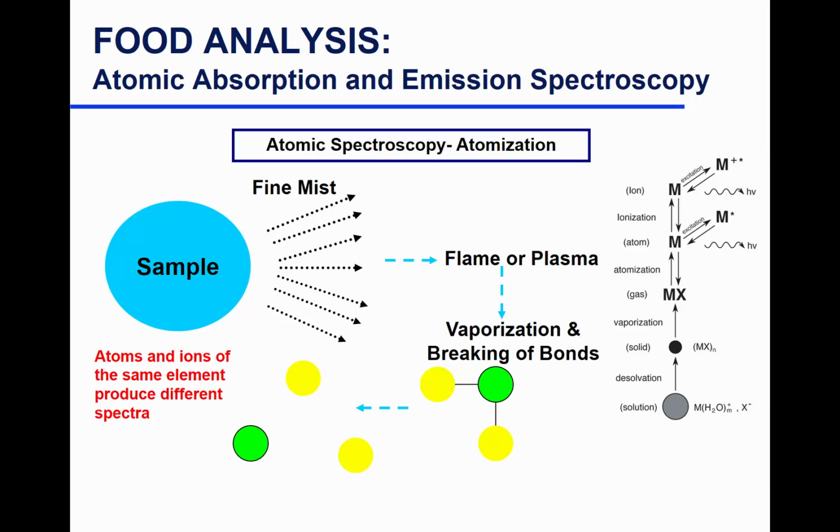You want to excite the atom rather than the ion. You excite the atom and it goes into an excited state, and that's when you measure absorption. If you measure absorption of the ion, the absorption is going to be different, and sometimes it's less sensitive than the absorption of an atom.